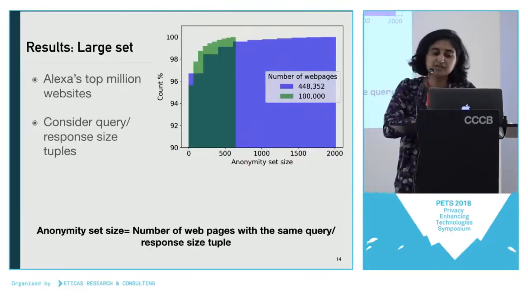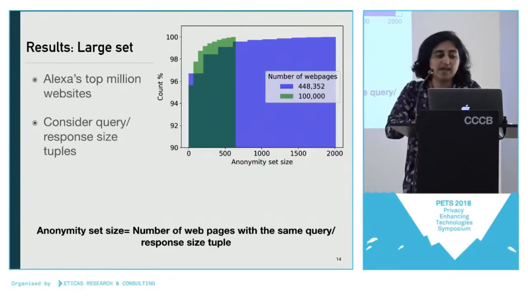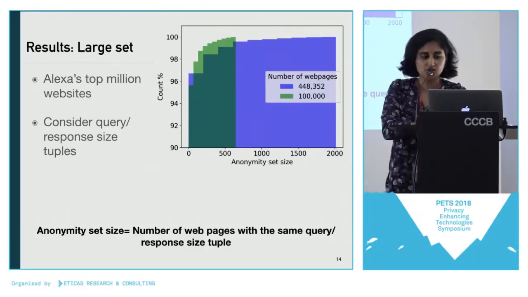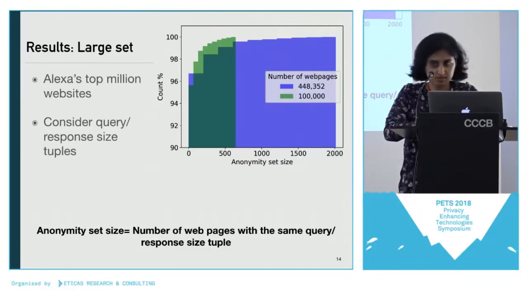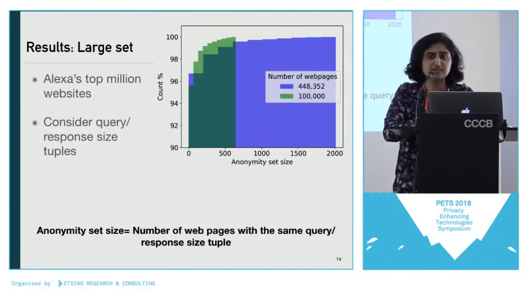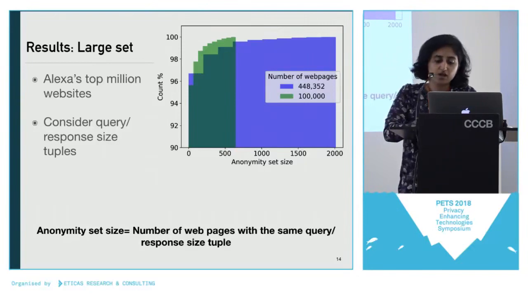For our first set of experiments, we wanted to gather traces associated with querying a large set of web pages, so we looked at Alexa's top million web page list. Since these experiments are still running, here I'm going to show the results for about 450,000 pages that we have at the moment. And we are considering the packet size information for our analysis.